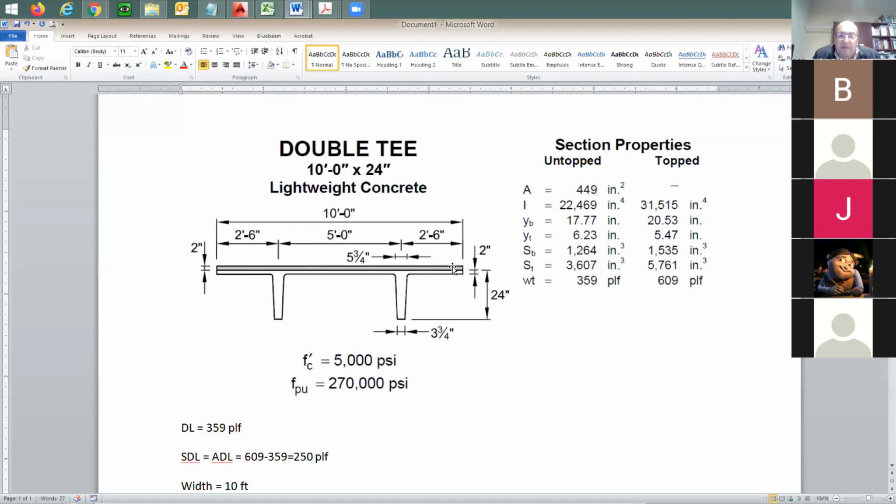Now, this concrete topping is not going to see any additional stress because the stress from the compression force from the pre-stress strands is already in the double T without any topping. So adding the topping here, or this top cross-section area, which is 2 inch by 10 feet, is not going to be really exposed to any compression force from the pre-stress. The pre-stress force is already taken by the double T.